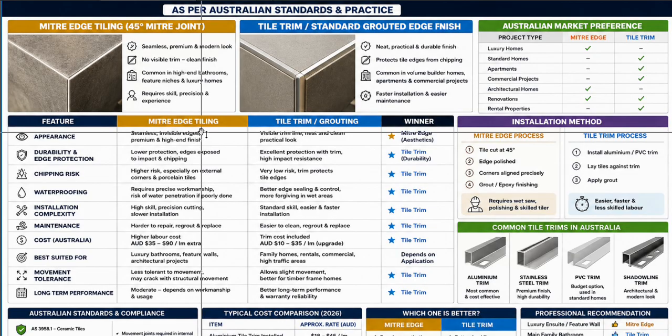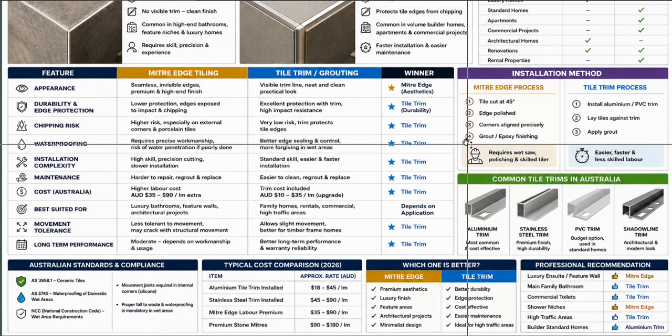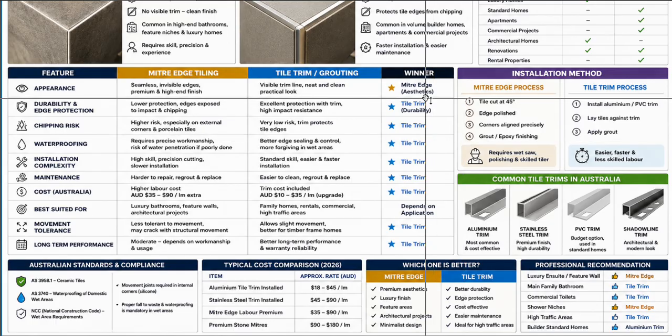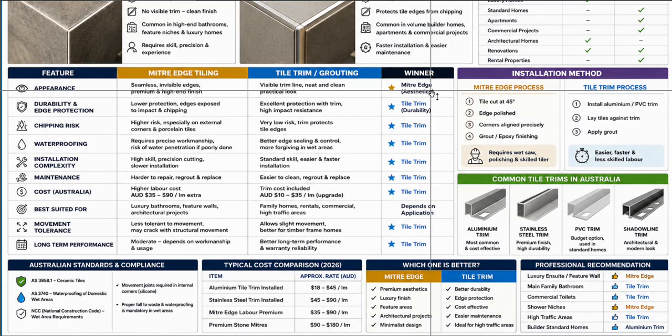But this is the sheet which I have prepared with my experience and my dealing with clients, and I have done something good. In terms of aesthetics, mitre edge is good.